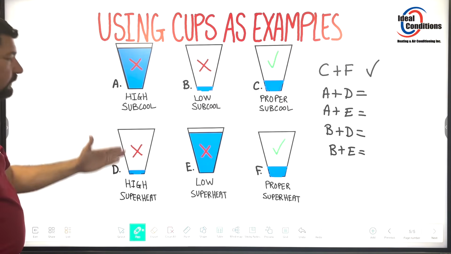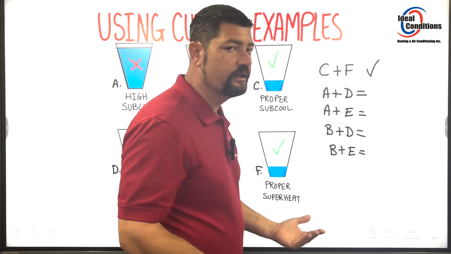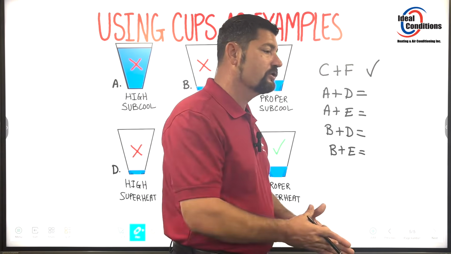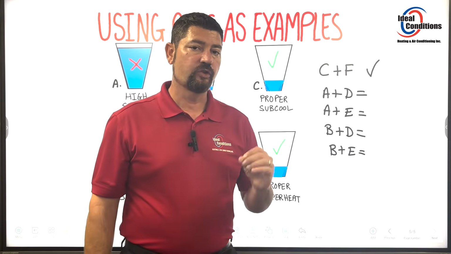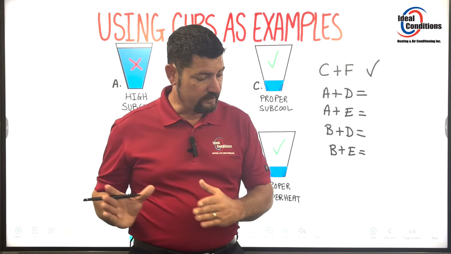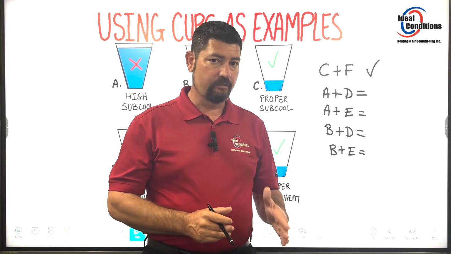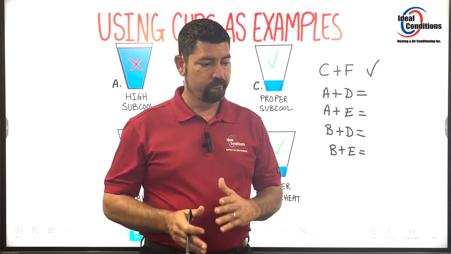So this would be a restriction. Not a restriction in airflow, a restriction within the refrigerant system. And the only thing that could cause that is a pressure drop, where you go from high side to low side. And the only place that's found is at your metering device. Or your dryer, but we're not there yet.